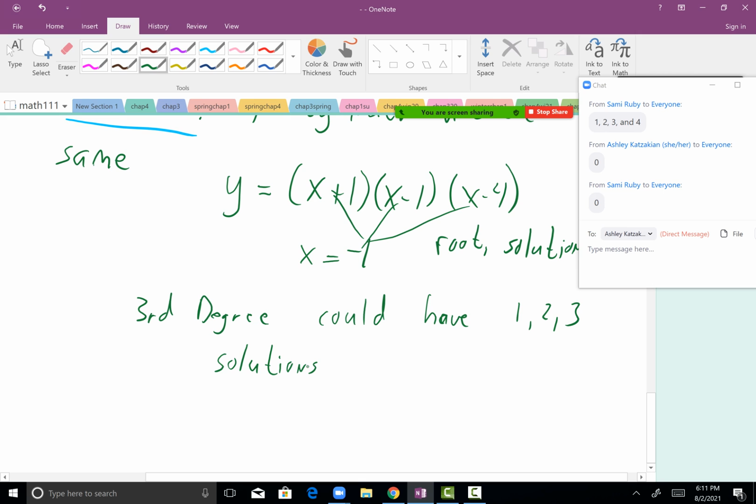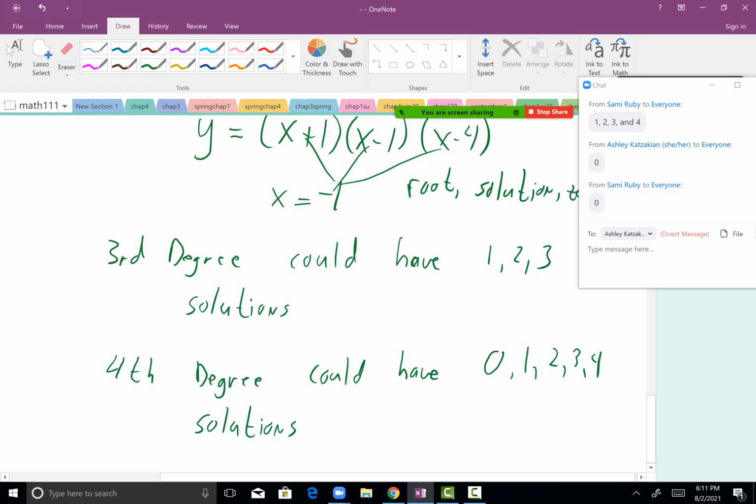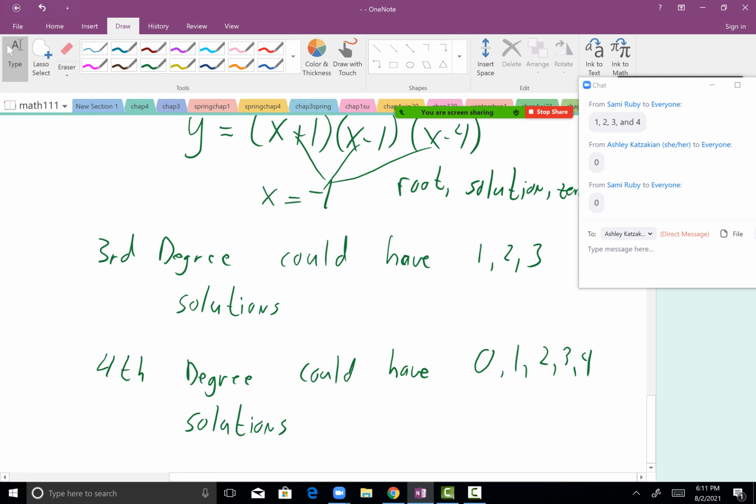And a fourth degree could have 0, 1, 2, 3, 4 solutions. Now, what we're going to say, though, is instead of saying solutions, we'll say solutions slash x-intercepts.